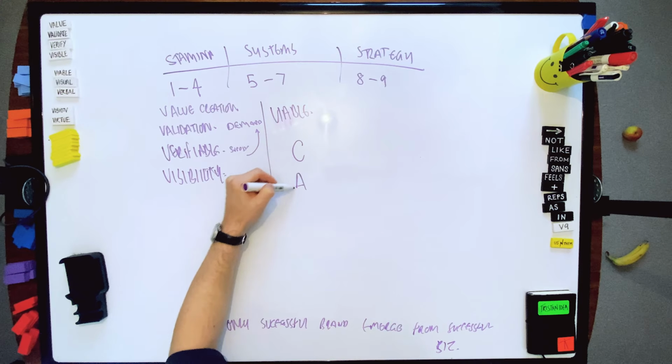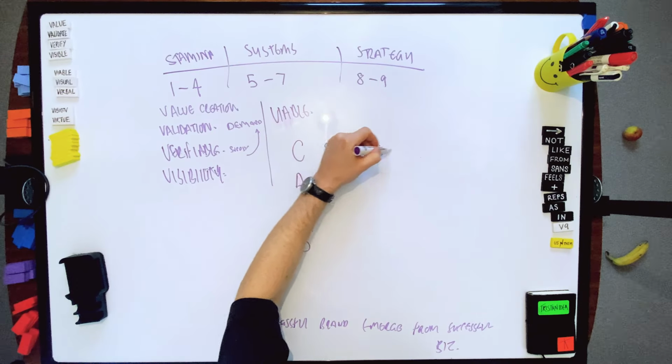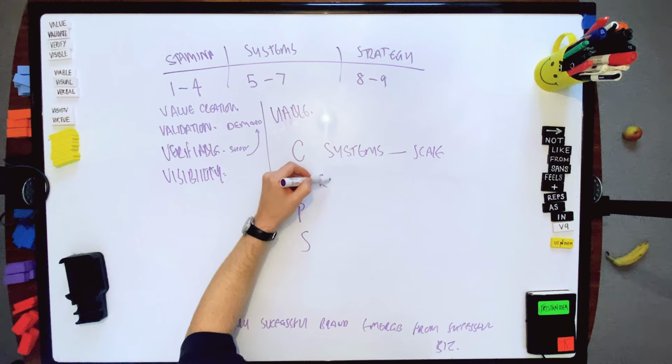Now, let's do our caps. The conditions here are where systems meet scale. Because the only way you're going to get more customers, the only way you're going to serve more people and solve the same problem in a wider segment, is if you have systems. Otherwise, it's just not going to work. So at this stage, an action is essentially you need to understand your resources.